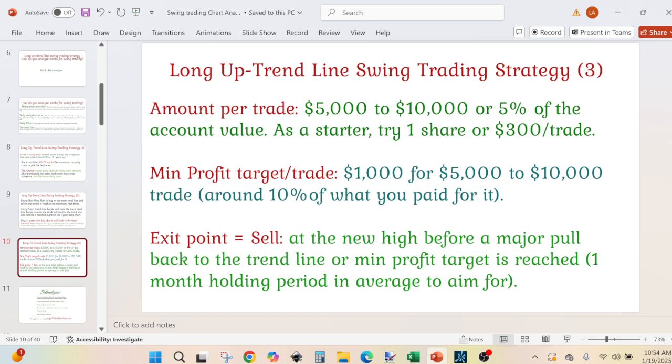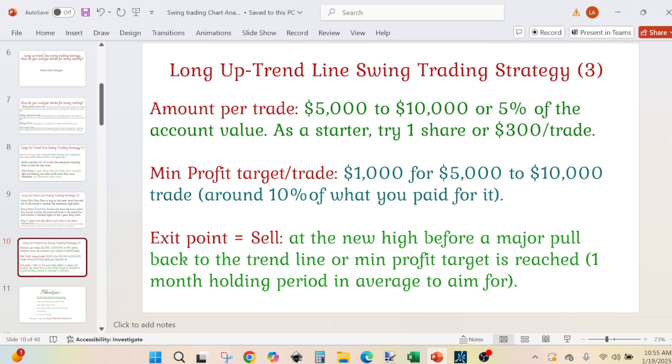So just make sure that after you pay the brokerage fee, you still have some profit left, and just start small, allocating 5% of your account per trade.